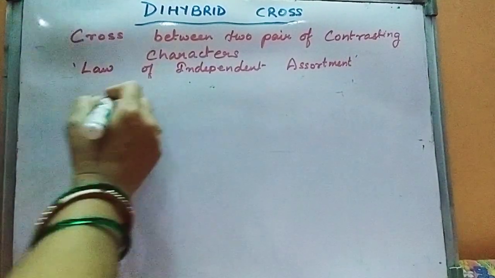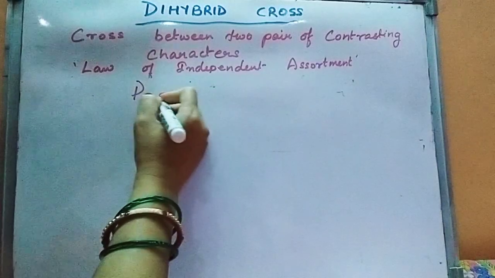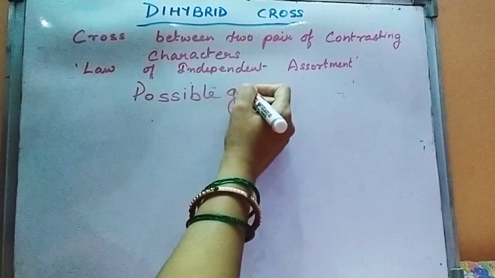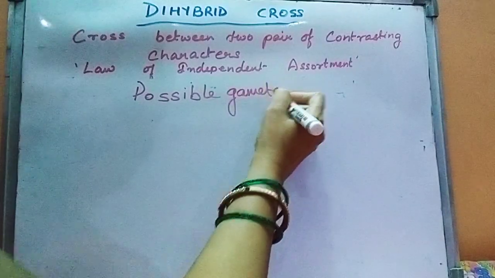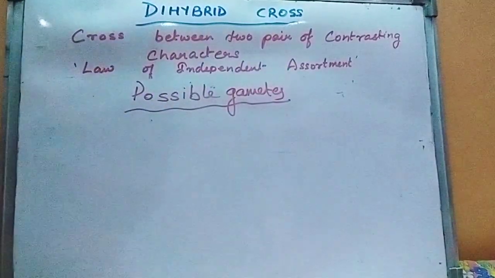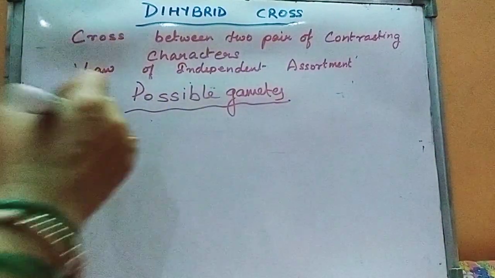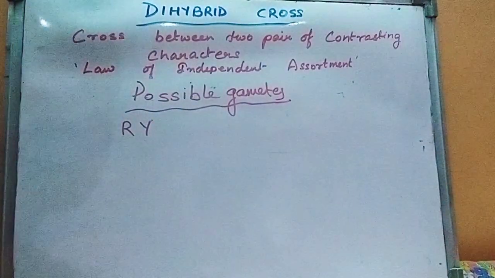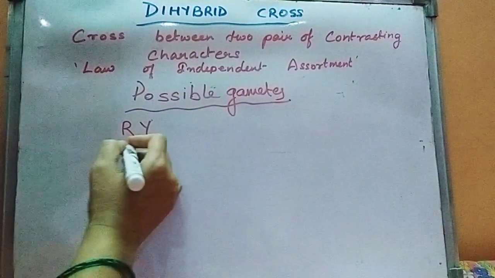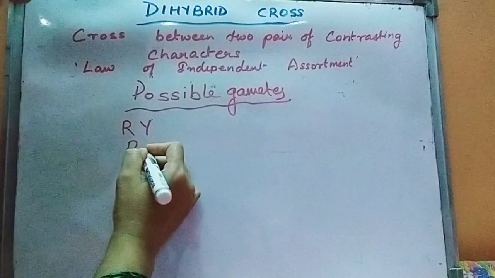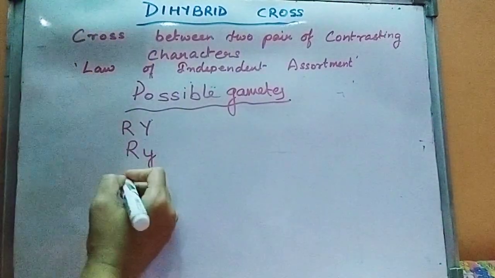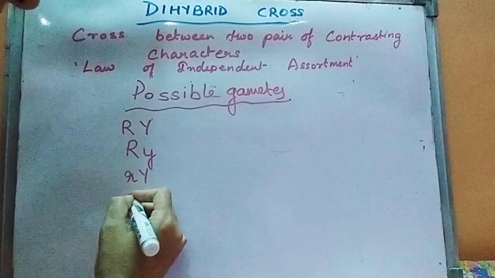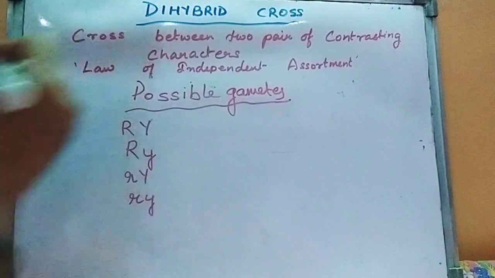So what will be the possible gametes? Let the combination start with capital R, capital Y, then capital R, small y, then small r, capital Y, and then small r, small y.